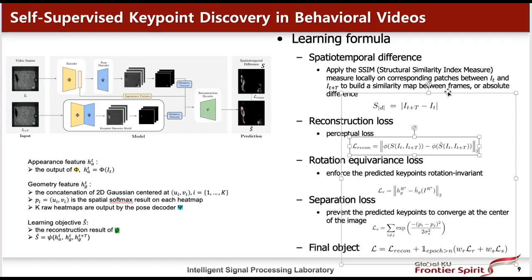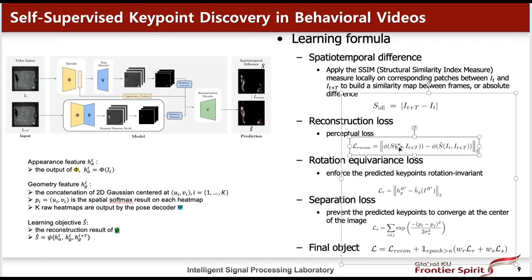So whatever the embeddings, you take the difference, S, in L1 loss. Is that how it goes? Spatial temporal difference?